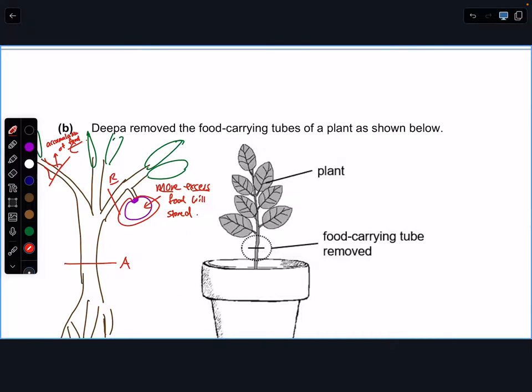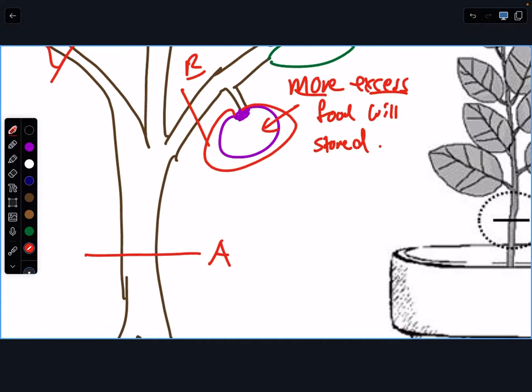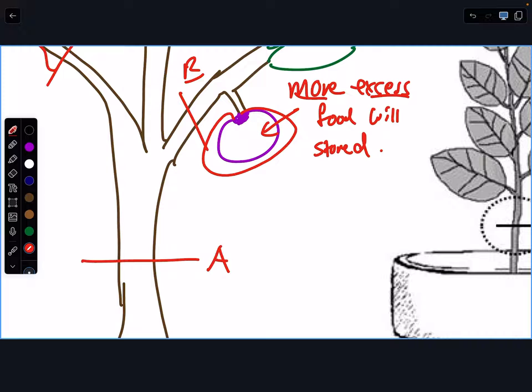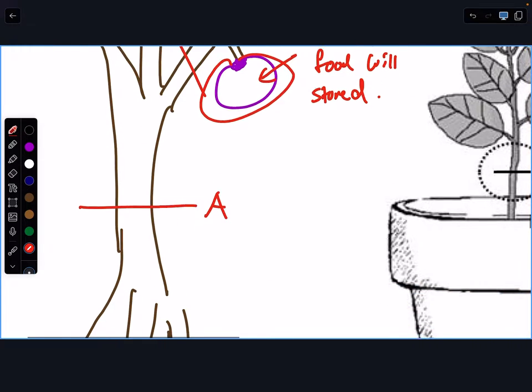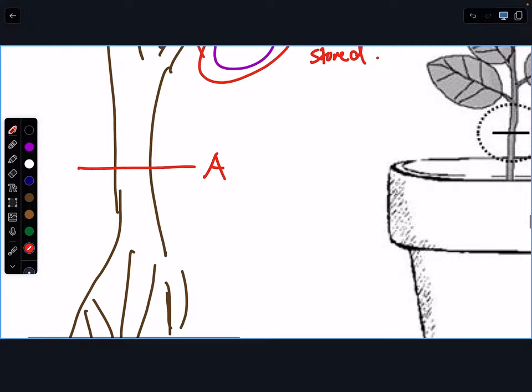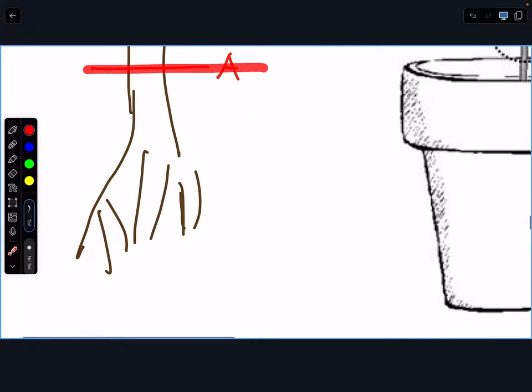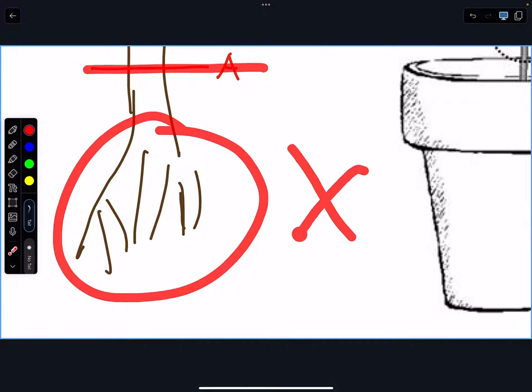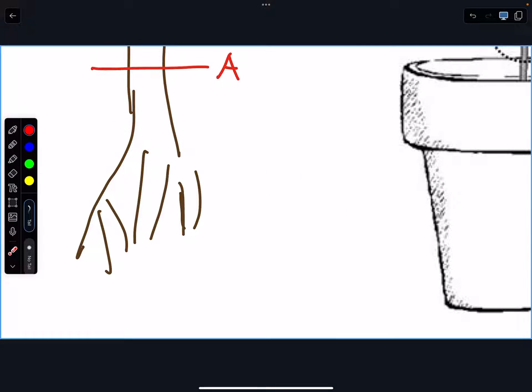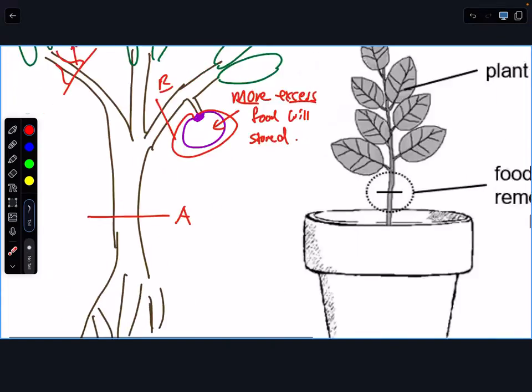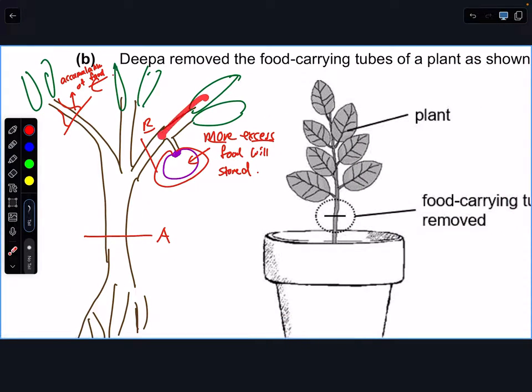The last scenario, scenario A. Because the food carrying tubes were removed at this point and your roots have no way of making food on their own, the whole plant will die eventually because the roots rely on your leaves to get food.